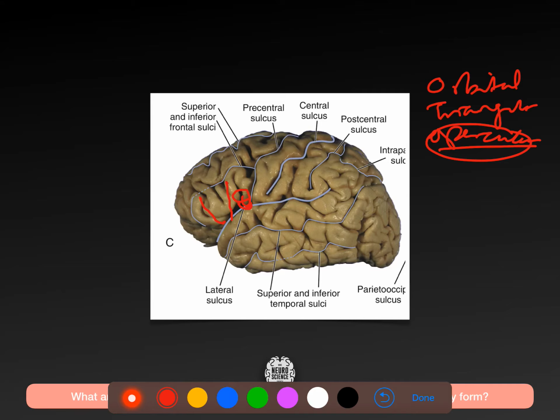We have an operculum here, we have an operculum here, and then at the base of the precentral sulcus, we have a 3rd operculum. This is called the frontoparietal operculum. So we have a temporal operculum, a frontal operculum, and a frontoparietal operculum.